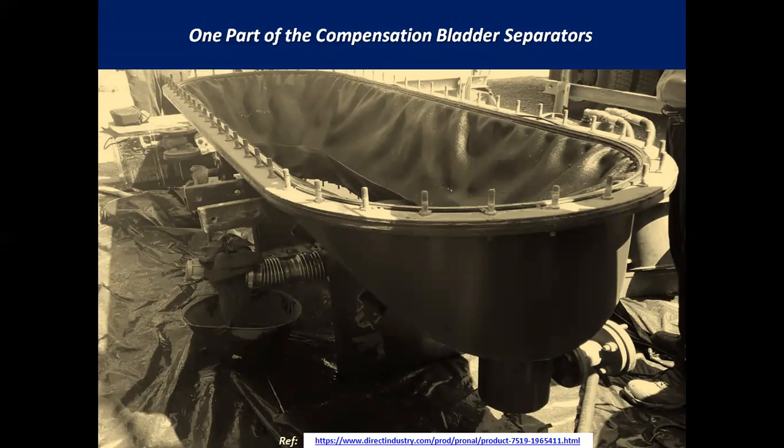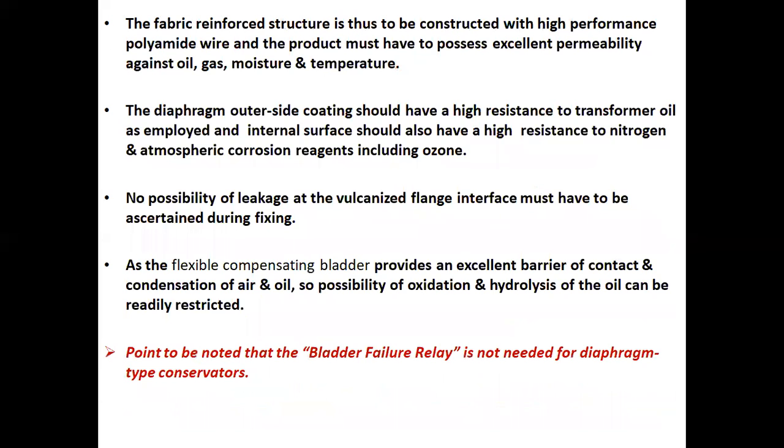See the drawing. See the diagram. One part of the compensation bladder is separated. This is a bolted one. The fabric reinforced structure is thus to be constructed with high performance polyamide wire, and the product must possess excellent permeability resistance against oil, gas, moisture, and temperature.